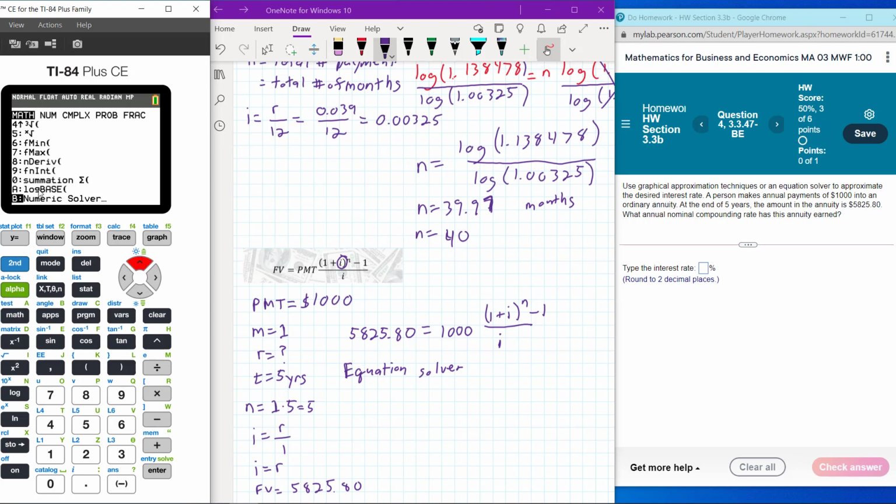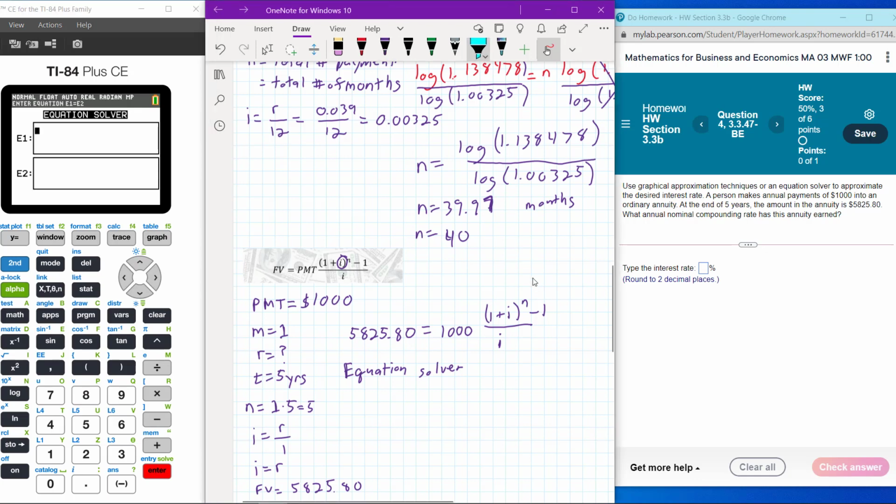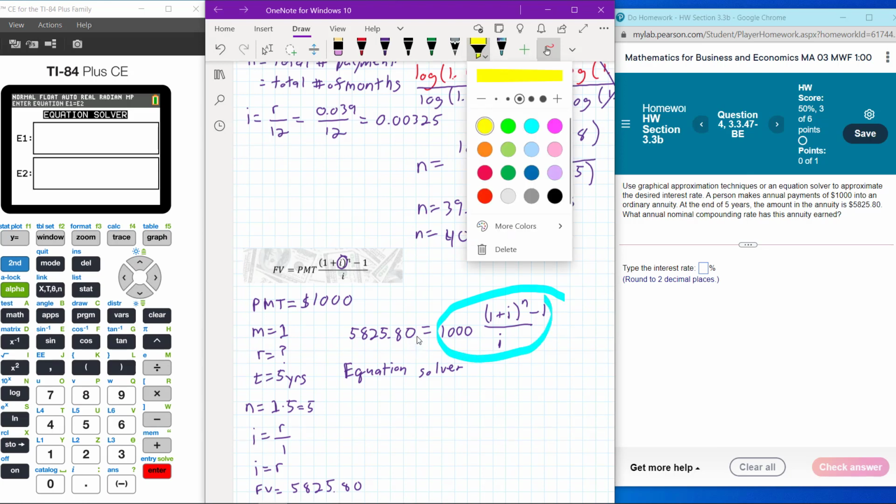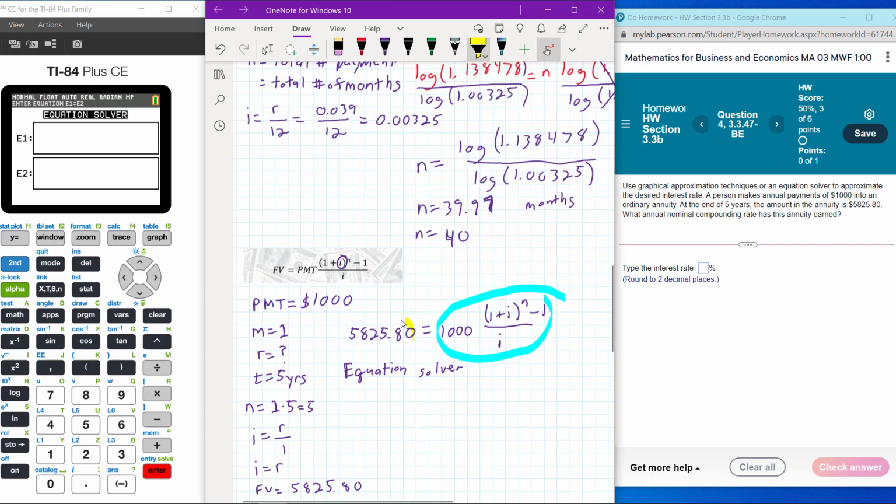It's called the numeric solver. Once that's highlighted, you can hit enter. Now what you're going to want to do is put this information right here into E1, and then put this number right here into E2.